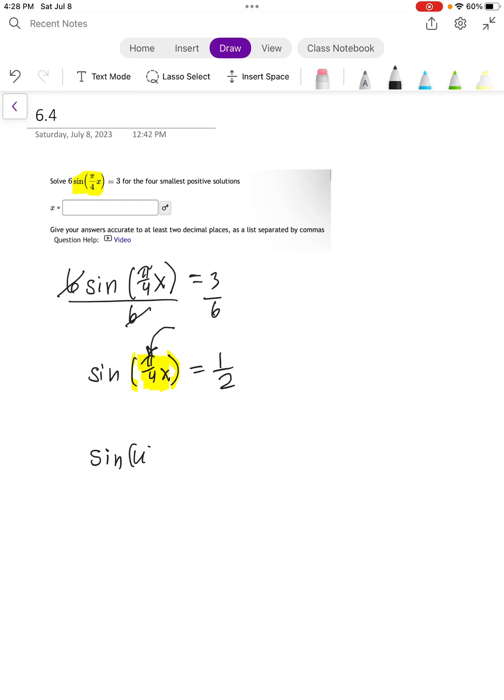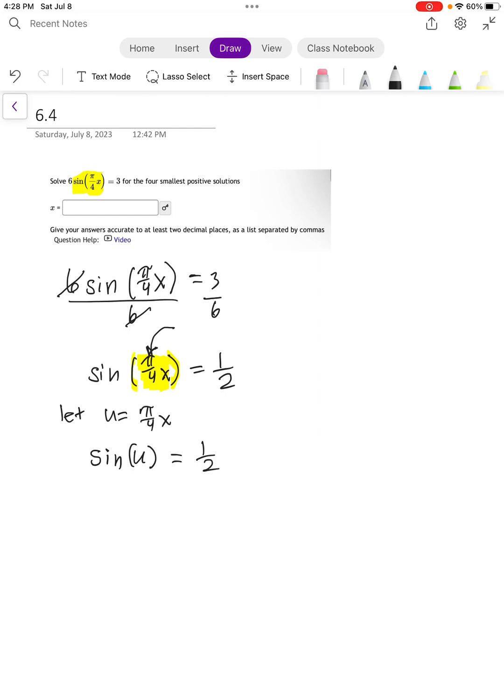So sine of one variable u is equal to 1/2. I could just say off to the side here, let u, this is called the u substitution, equal pi over 4x. Then it says the sine of some angle u is equal to 1/2.